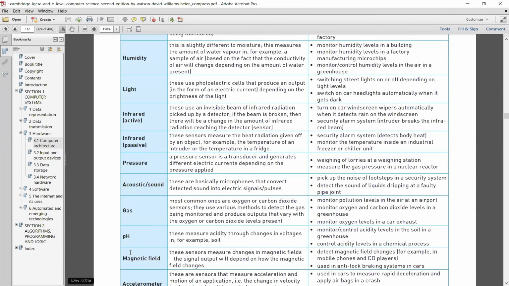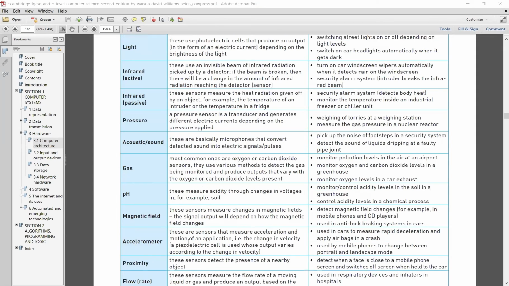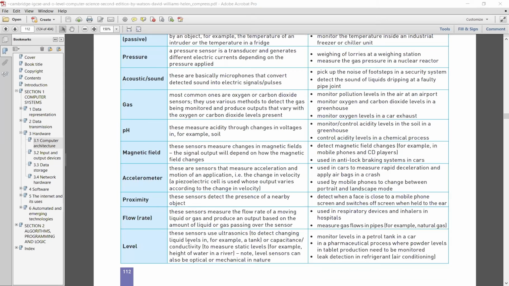Then we have magnetic field sensor. The applications also, you can see the applications are in mobile phones and CD players or in ABS. Anti-lock braking system also are using, okay, fine, that's wonderful. Then accelerometer and proximity sensor, flow rate sensor, level sensor.